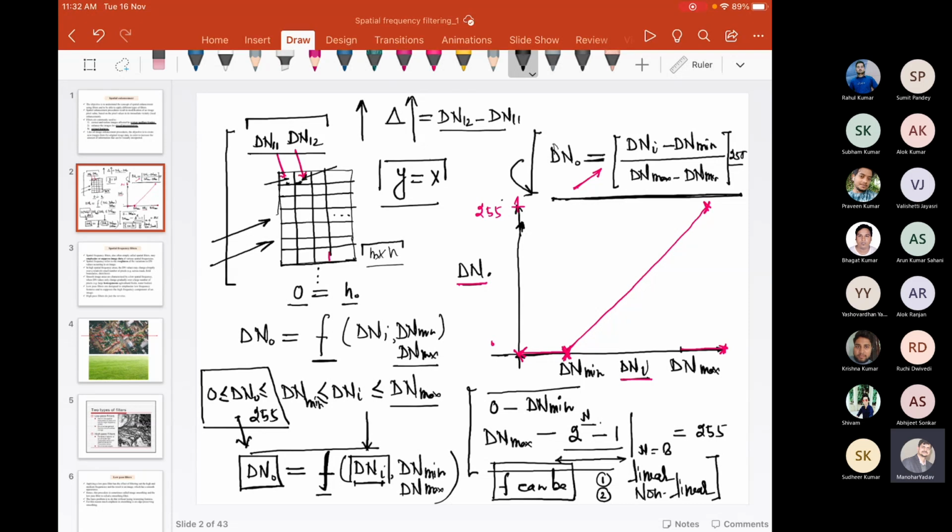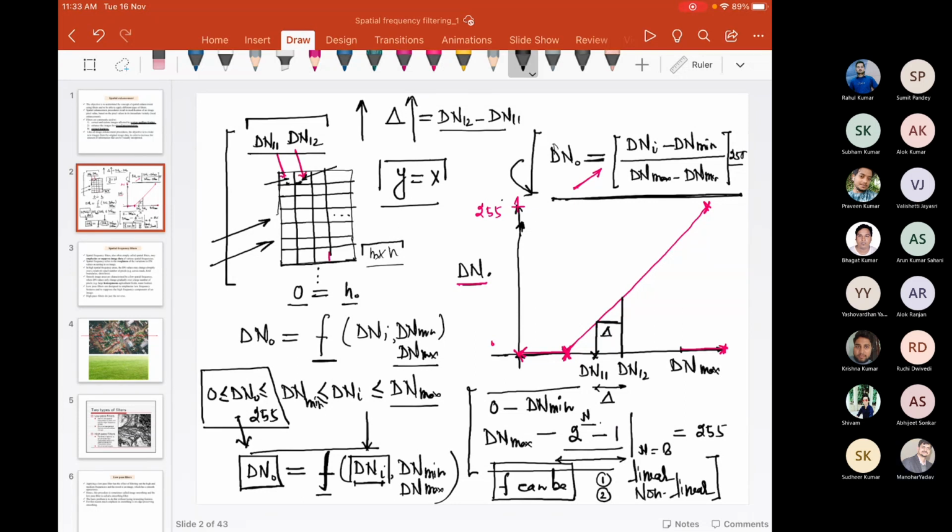Let's say you select two DN numbers, DN11 and DN12. At this location we have DN11, and at this location we have DN12. The difference is already calculated in the input image. It is delta.